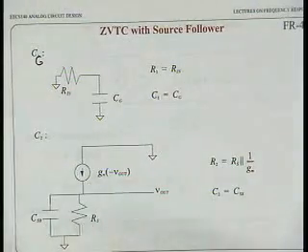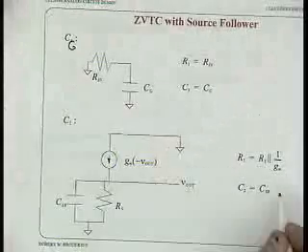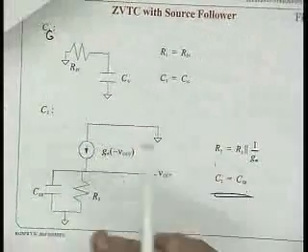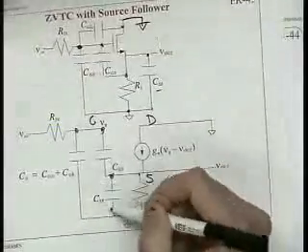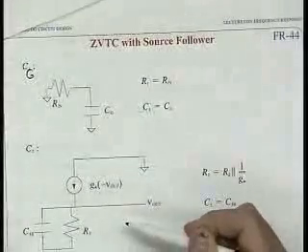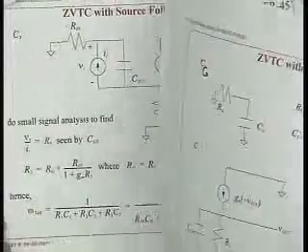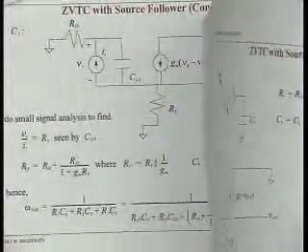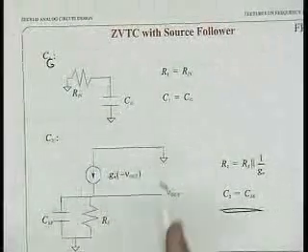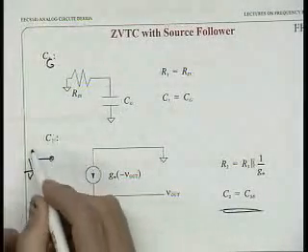Let's do C2. C2 was CSB. CSB is the capacitor here, so we set all the other ones to 0. We get this circuit right here. Now, this is a little more complicated, because, let's see here. Oh, no, it's not very complicated. We set all the independent sources to 0.